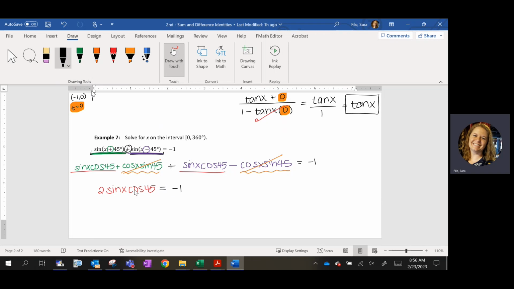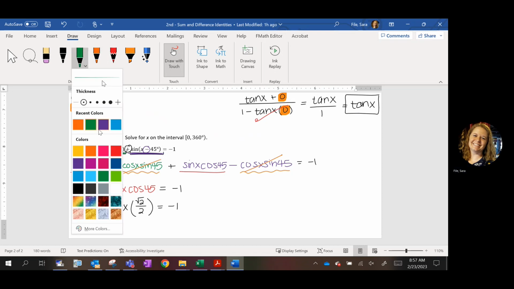You can go ahead and replace the cosine of 45 first, or you can divide the 2 over first. It really doesn't matter. In the end, you're going to get the same thing. What is cosine of 45? So if I do it this way, I can actually simplify a little bit over here. How's that?